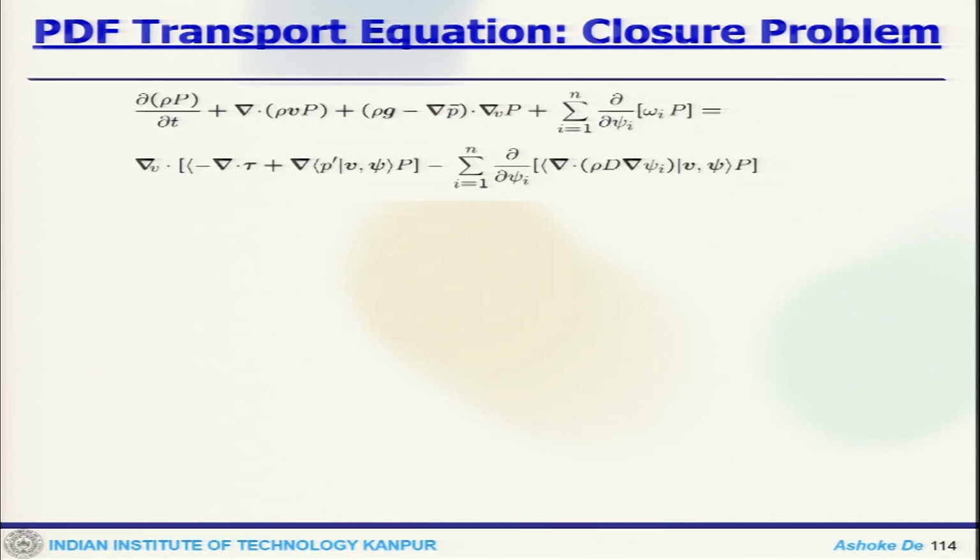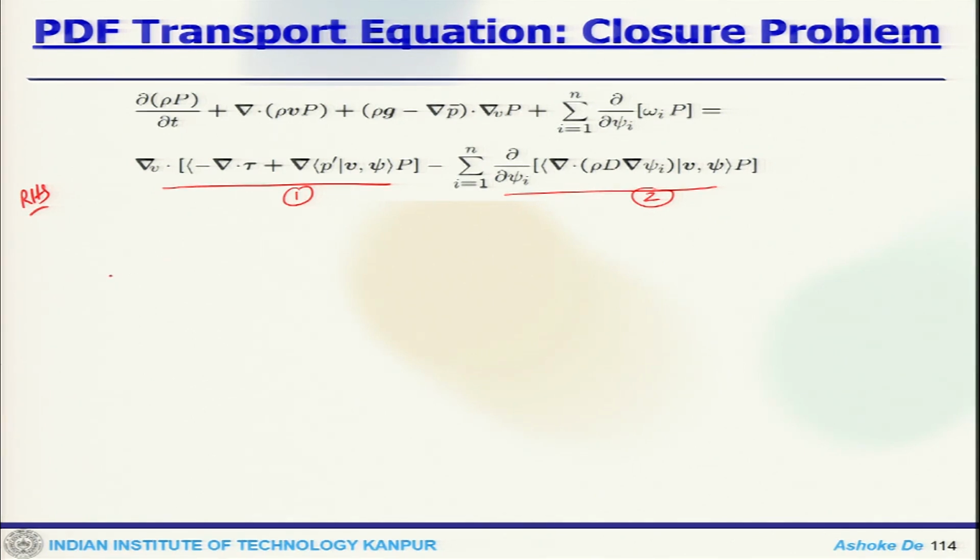Now we will look at the right hand side of that equation. There are two terms on the right hand side. These terms contain the gradient of quantities conditioned on values of velocity and composition.